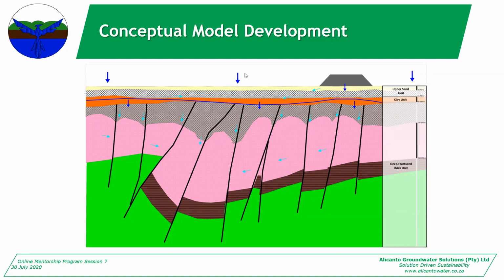You need to have quantified these recharge arrows. What's the recharge value? What's the recharge interaction between your upper and lower aquifer units? Why is groundwater going down the fault and not being blocked by the fault zones? All of that needs to come through in your report and your characterization study.